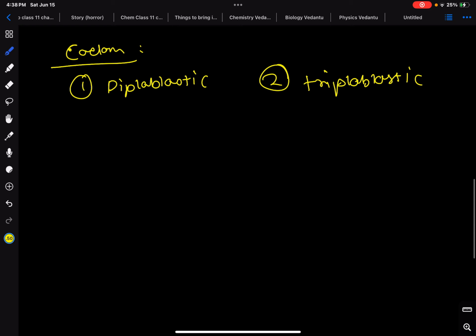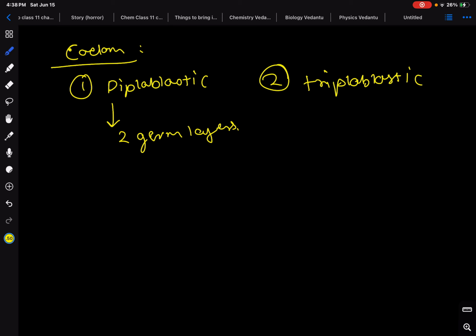Diploblastic states that there are only two germinal layers. If you look at your textbook on pages 38 and 39, you can see that in figure 4.2a, the middle layer, the red layer, does not have any cells.